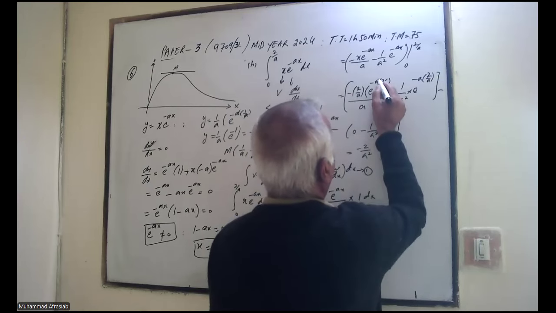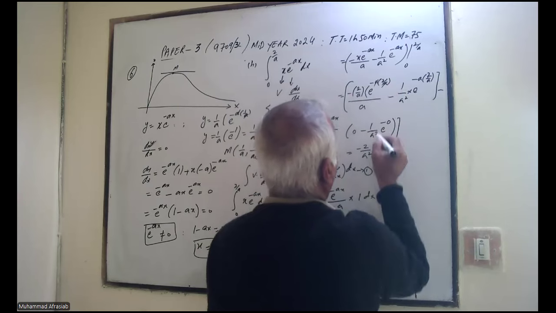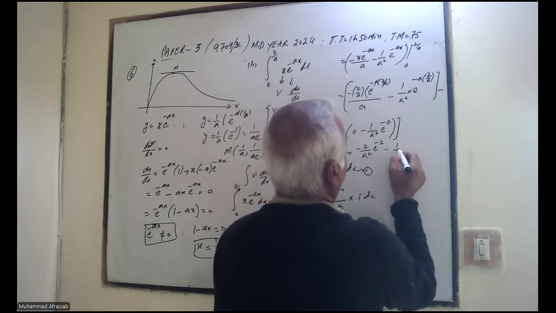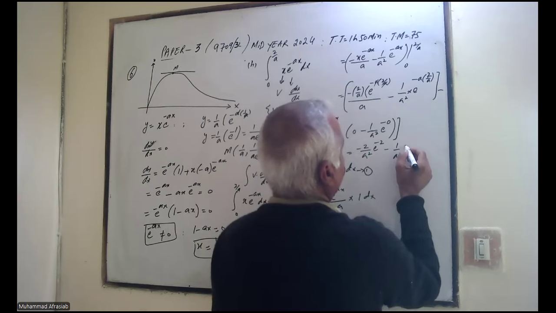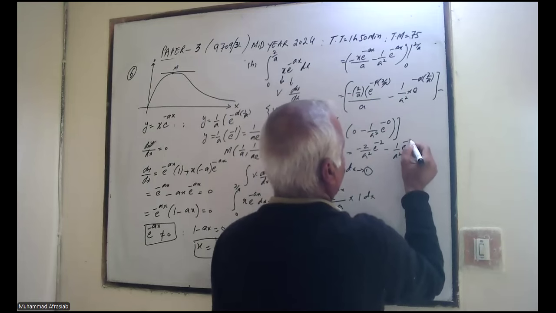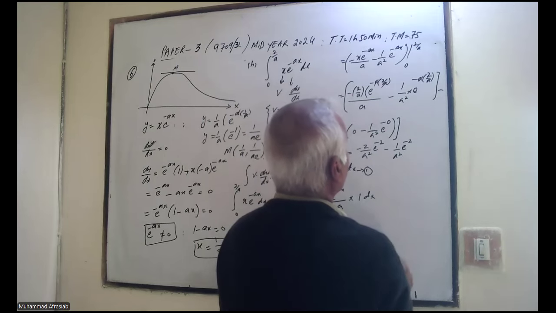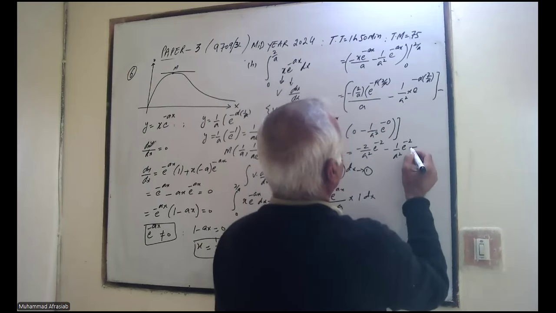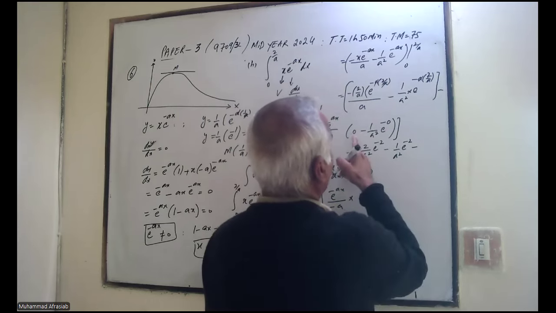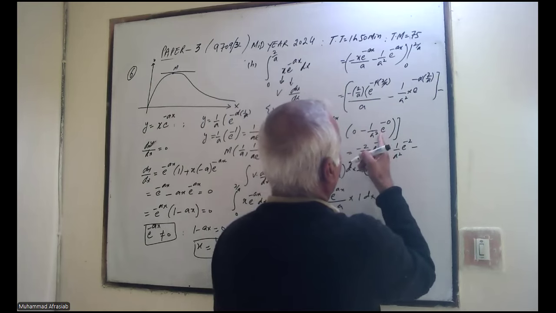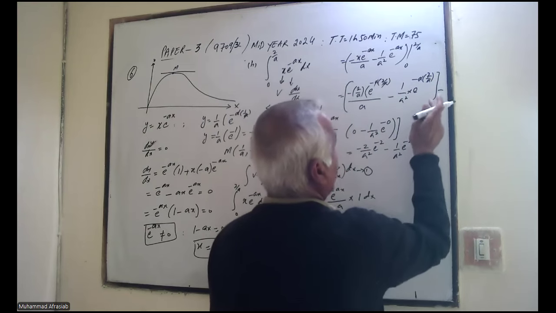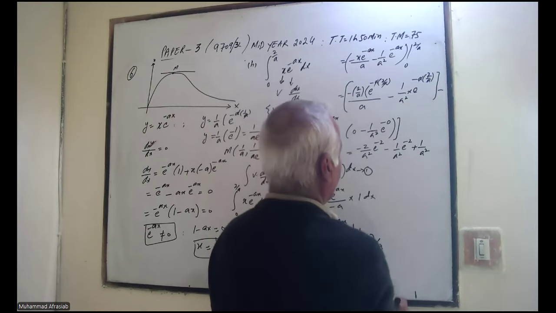Into this, a and a cancel out, e power minus 2, minus 1 over a square as it is. So it is e power minus 2, minus, e power 0 is 1, so minus 1 over a square, and this is minus outside, so it will become plus 1 over a square.